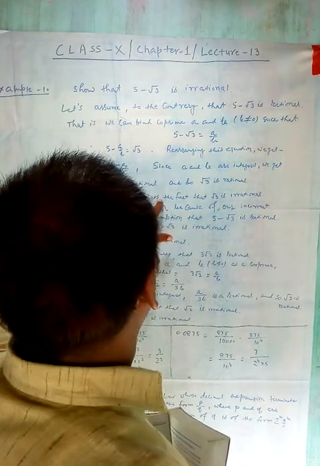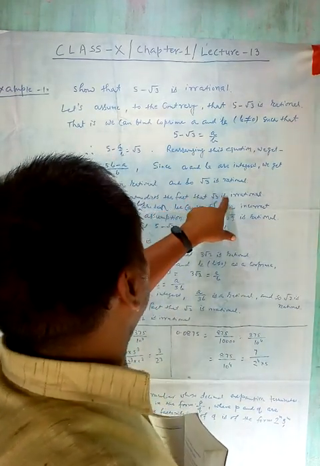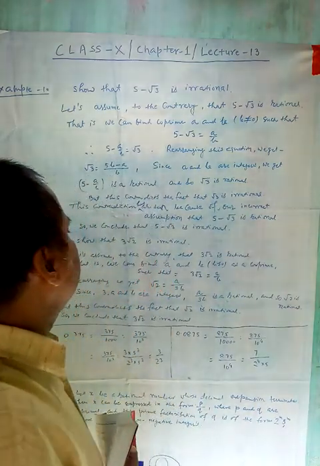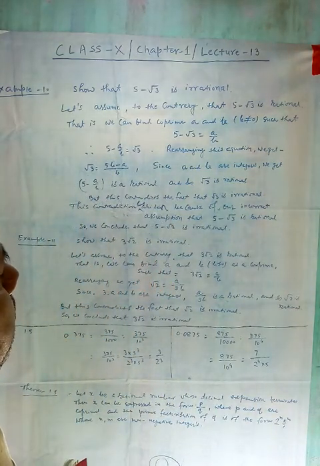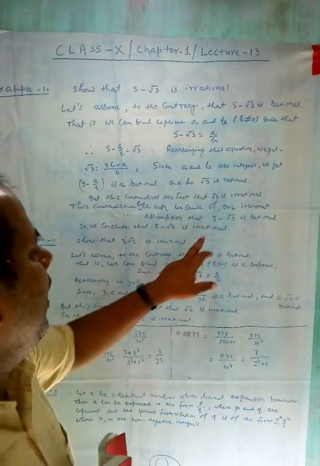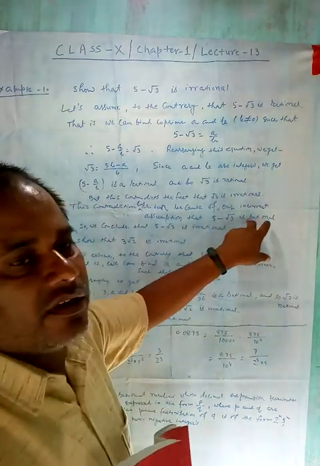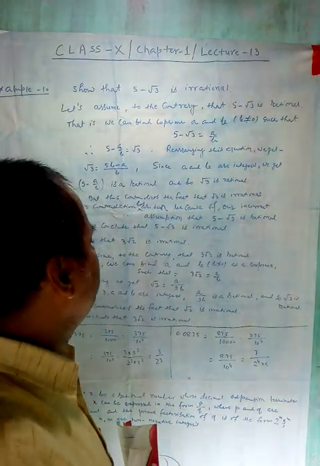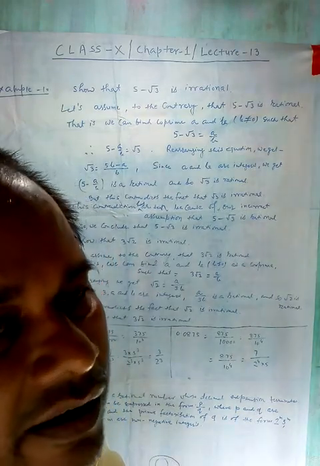But this contradicts the fact that root 3 is irrational. This contradiction has arisen because of our incorrect assumption that 5 minus root 3 is rational. So we conclude that 5 minus root 3 is irrational.